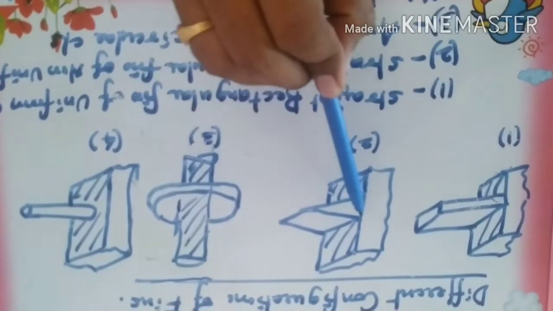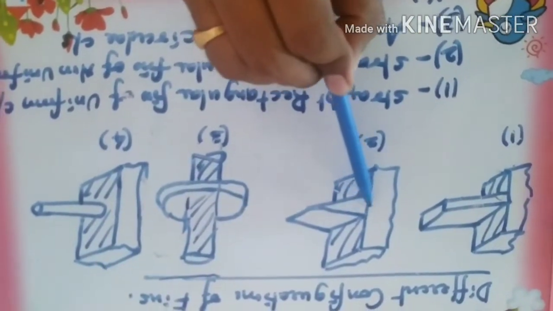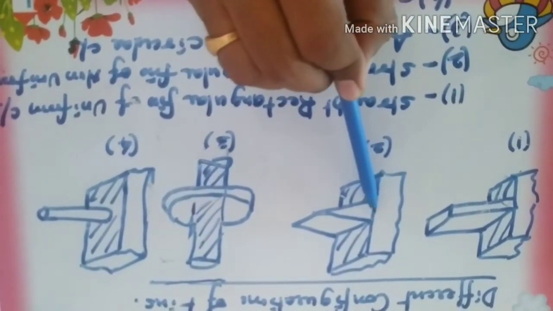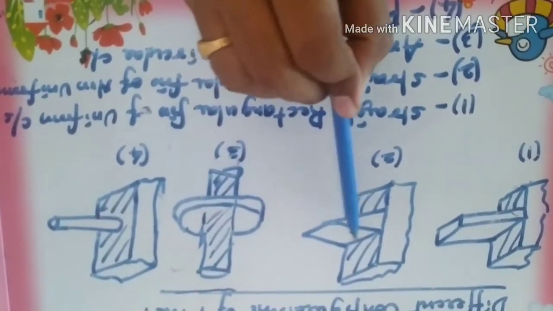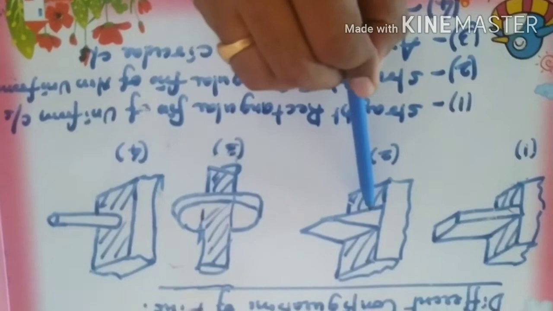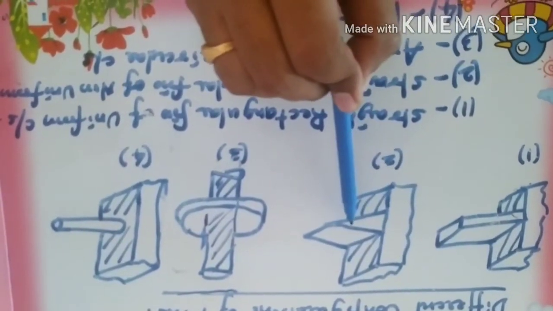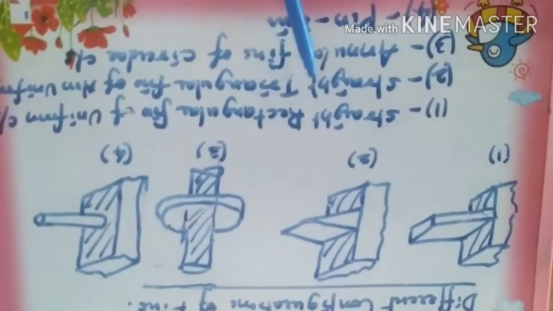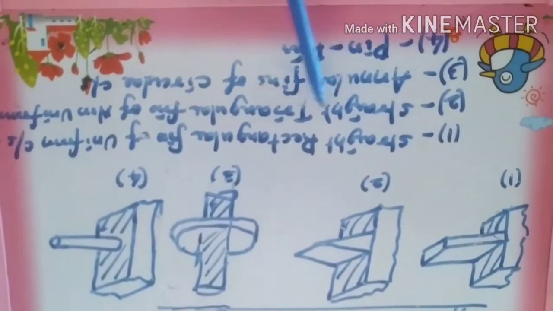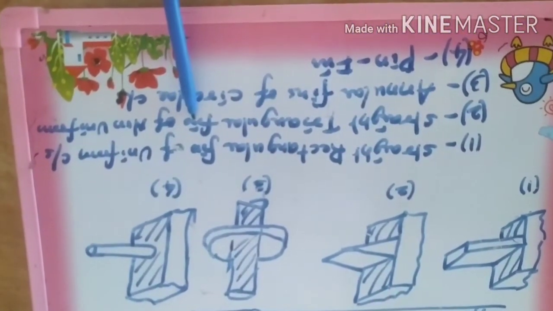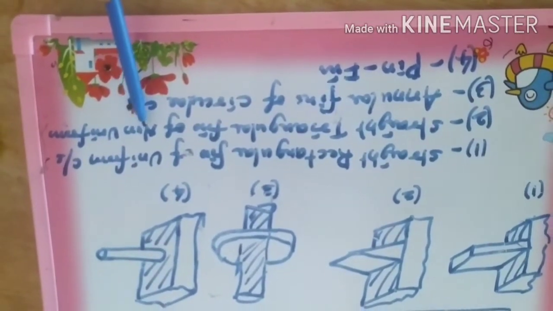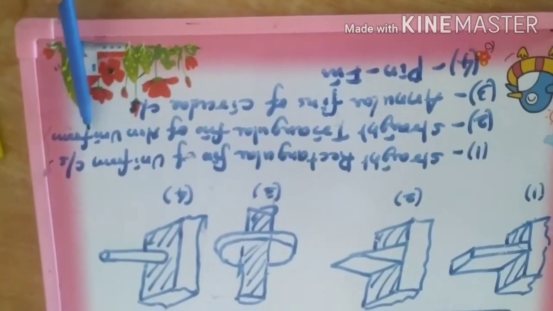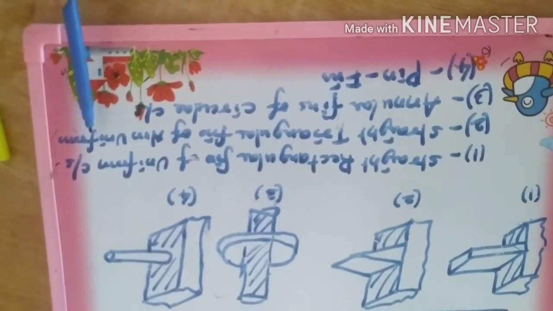At the base the area of the fin is more, but as you go along the length of the fin, the area decreases, and the cross section is like a triangle. Hence this configuration is called a straight triangular fin, and since it has a non-uniform cross section, it is also referred to as a non-uniform fin.